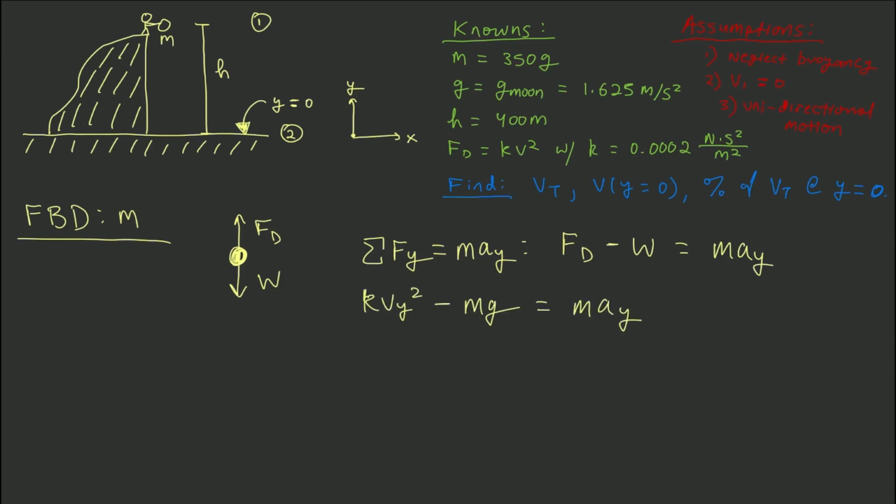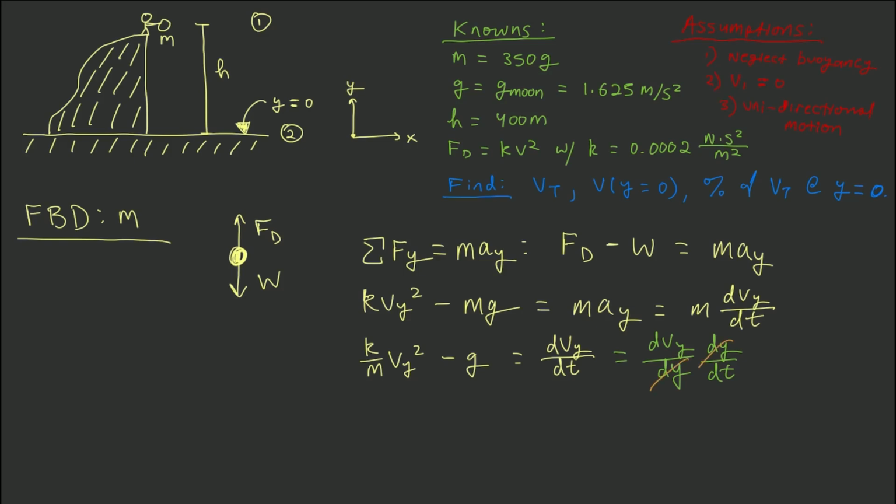One of the ways we can simplify this problem is by remembering that the acceleration is just the time rate of change of velocity. So we can express this as m dvy/dt. dvy/dt can be expressed alternatively with the chain rule. The chain rule allows us to write dvy/dt as dvy/dy times dy/dt. So you can say, if I treat them as fractions, I can cancel them out, and then I'm just left with dvy/dt.